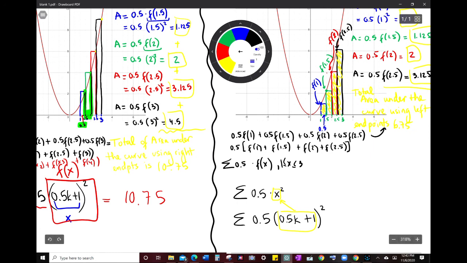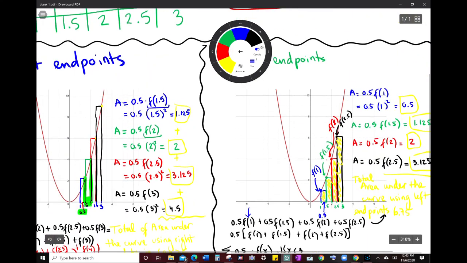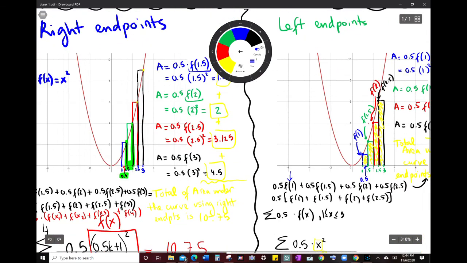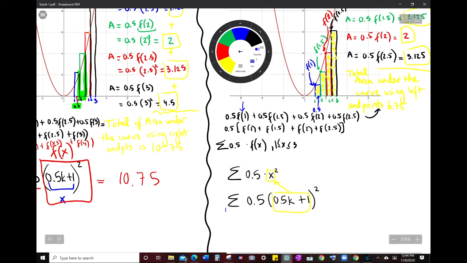So for this, because my first term is f of 1, I go back up here, my f of 1 is equivalent to k equals 0. So basically I use k equals 0 to 3.